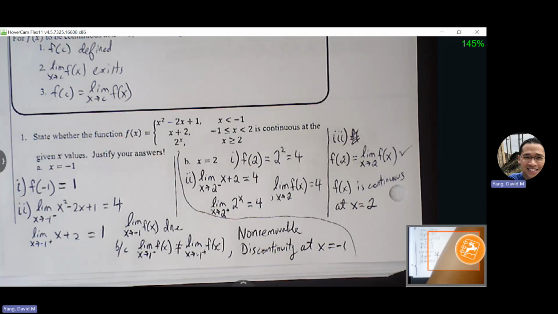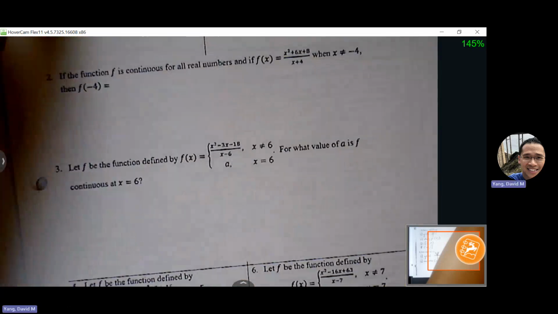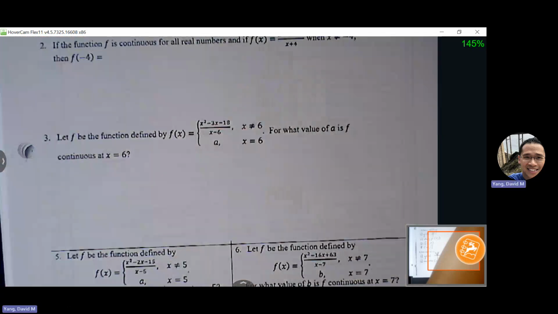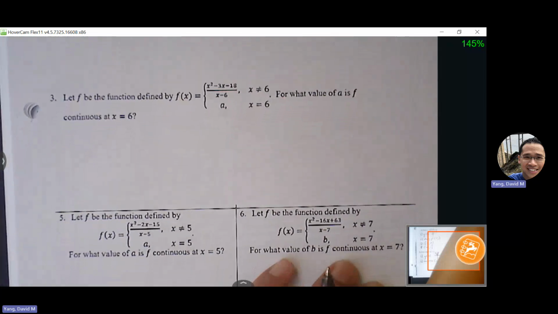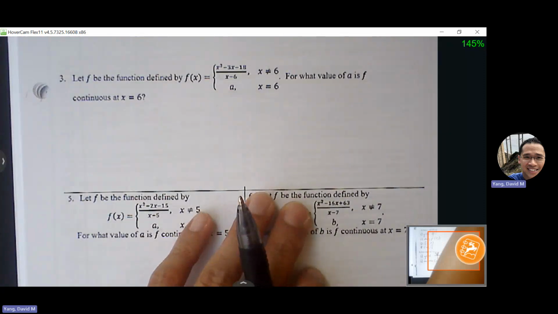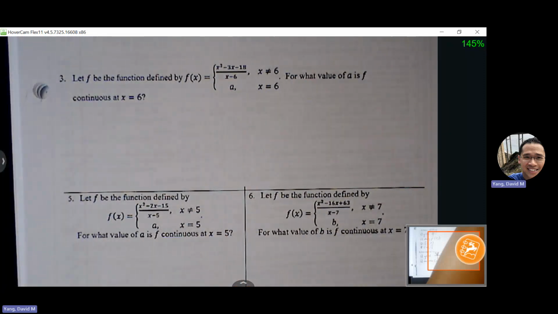Okay, let's go to page 19. Sometimes we have problems that feel more complicated because there's a missing variable. But my strategy is anytime I see the word continuity, I'm just going to blindly follow my continuity conditions. The nice thing about doing that is if you follow your conditions as set, it gives you a structure to follow.